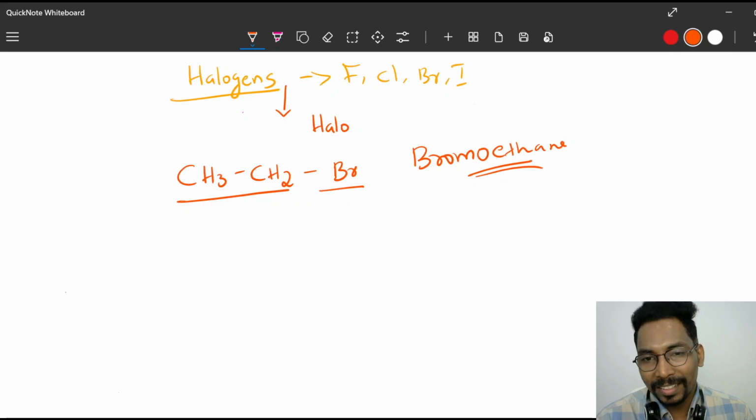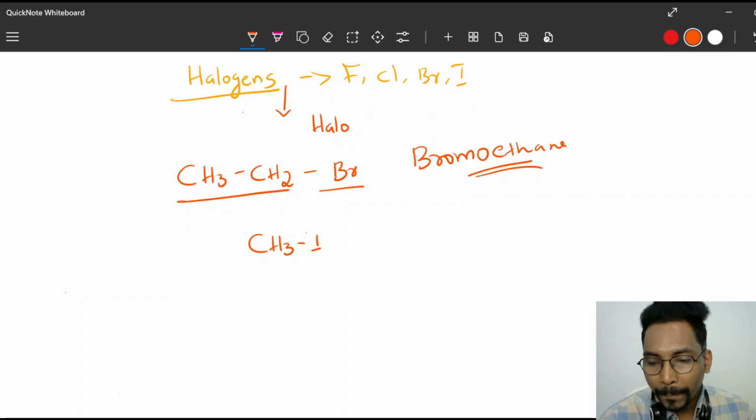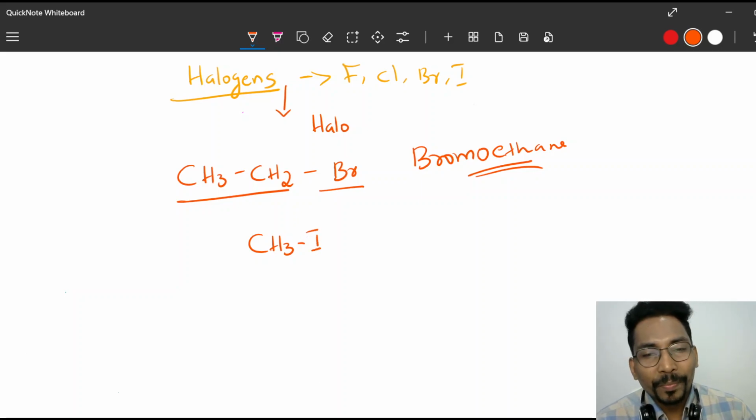Okay, haloalkanes. Okay, next one. It's very simple. You just need to know the normal nomenclature pattern, that means the IUPAC word roots for 1 to 10. Then what will be the name of this one?